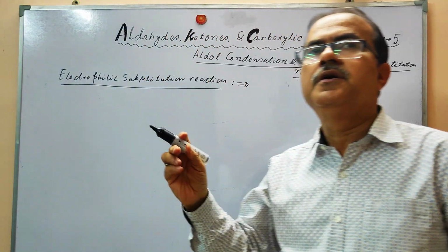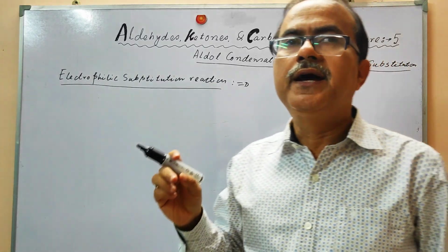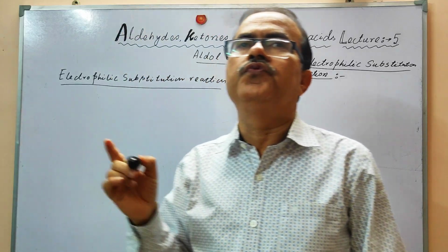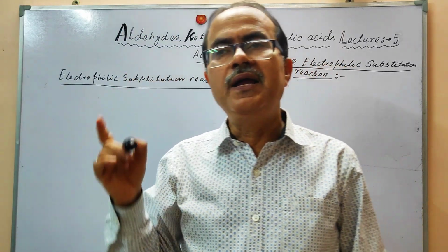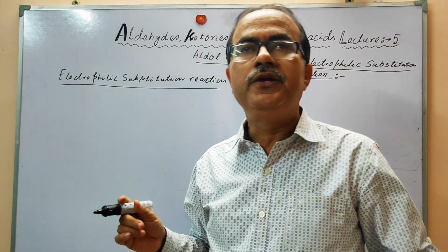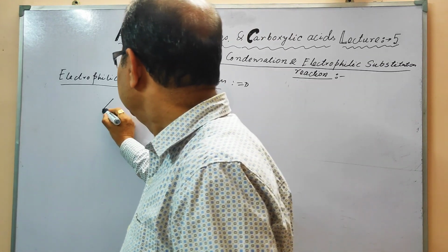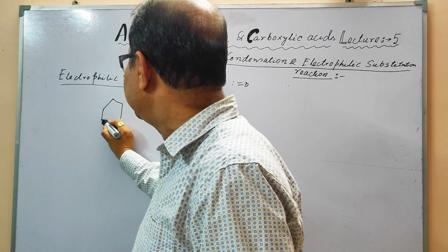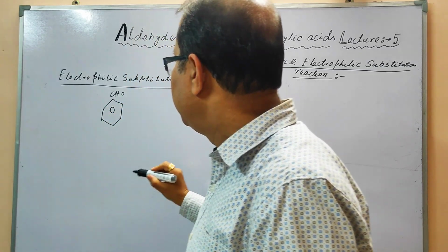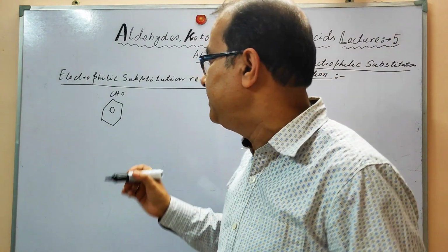This reaction is undergone by aromatic aldehydes or ketones, and we know the carbonyl group is a strongly electron-withdrawing group, so it is going to deactivate the benzene ring. In this reaction, this will deactivate the benzene ring, and that is why it is meta-directing.